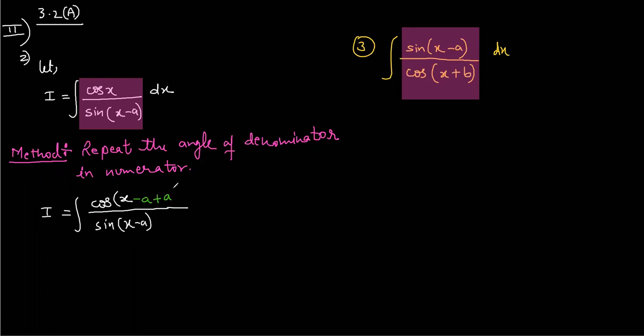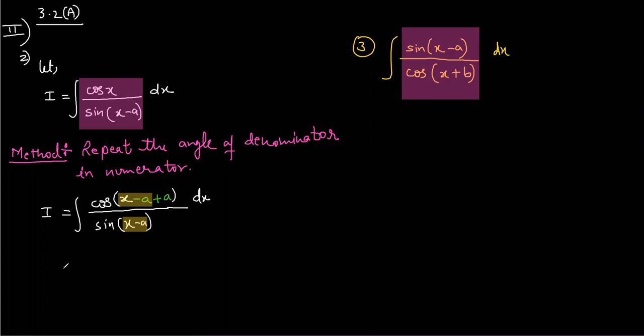Now this I am doing because I want to repeat the angle of the denominator in the numerator. The angle of the denominator is x minus a, so I repeated it. And for repetition, you make a counter change. This plus a is because you wrote minus a, okay?